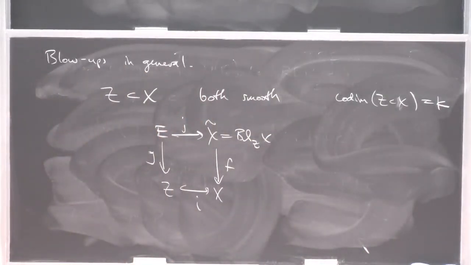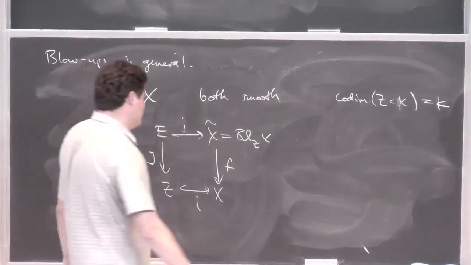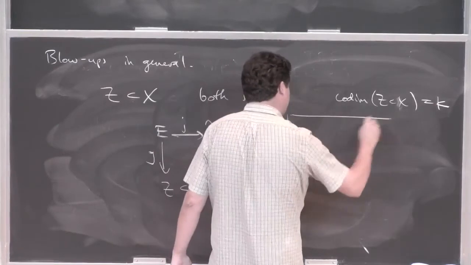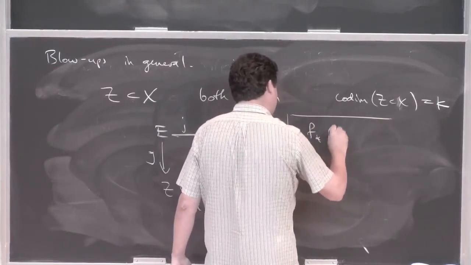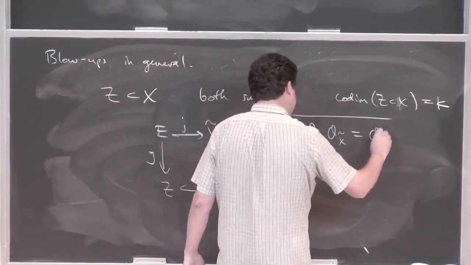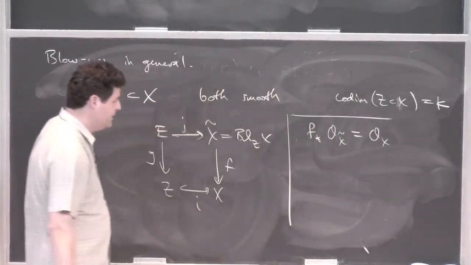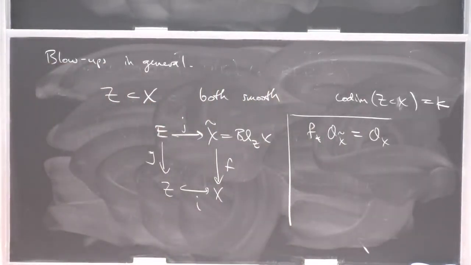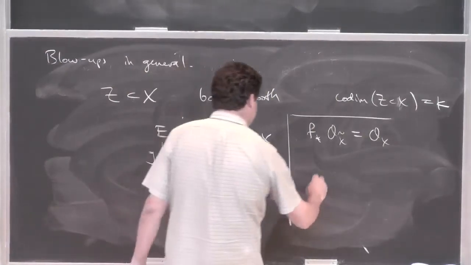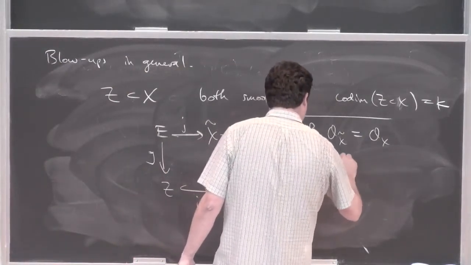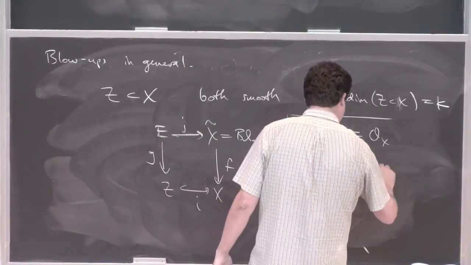Right, so we're going to generalize what we did with the blowup of P2. We're going to generalize it pretty severely. First of all, I want to point out that F lower star of O of X tilde is O of X. You can use the same proof that we used before. And so F upper star is fully faithful.